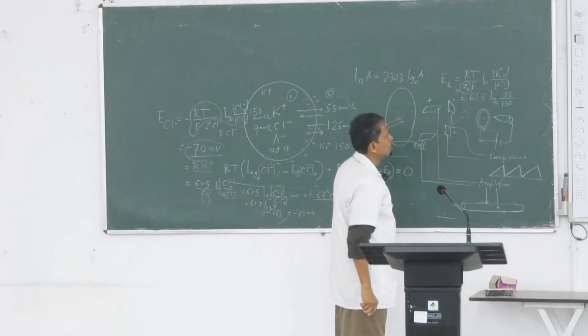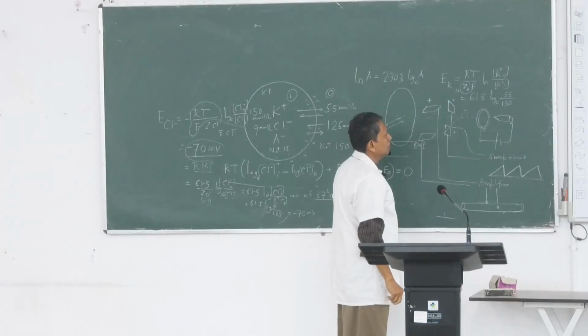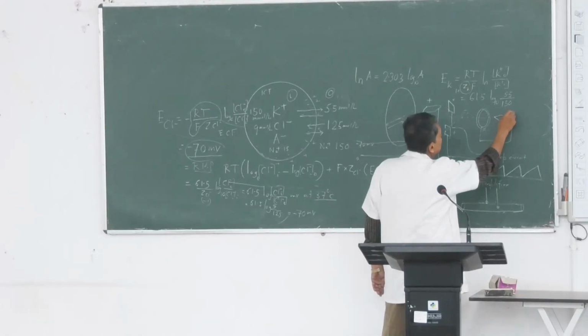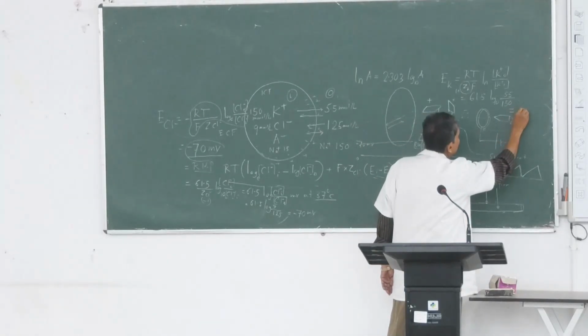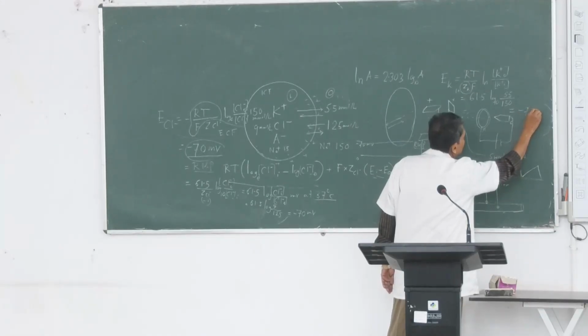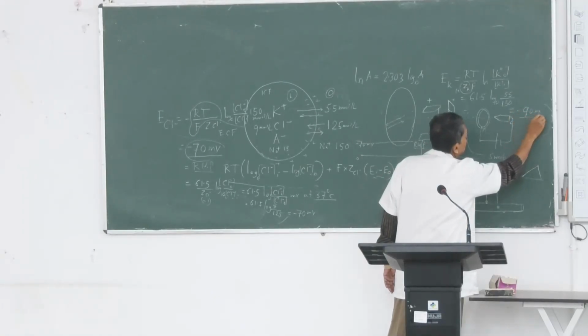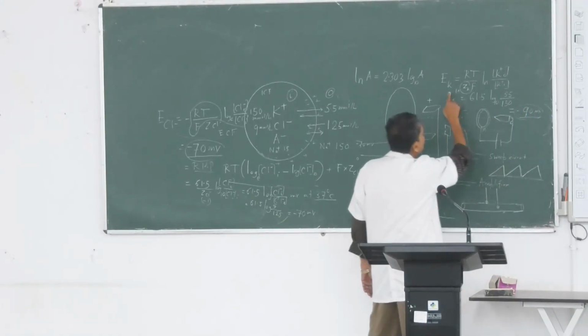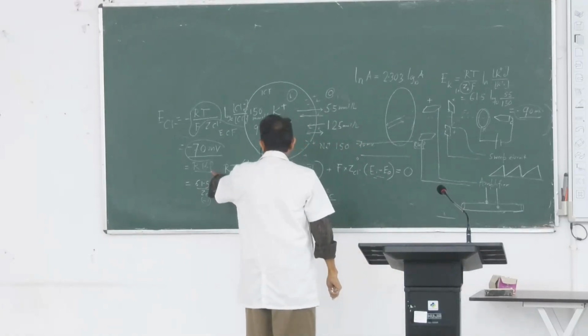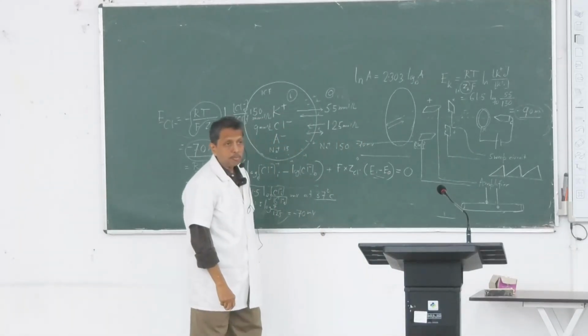And you also get a value, minus 90 millivolt. So it is not equal to the resting membrane potential. It is more negative.